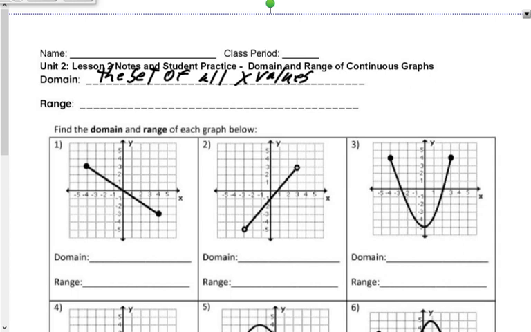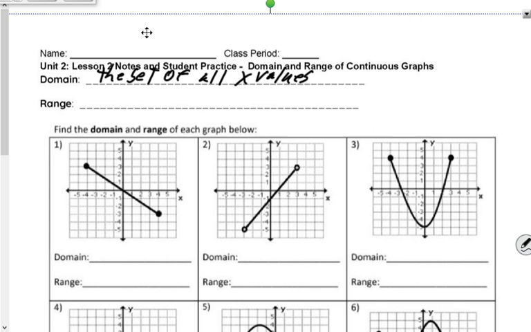So your domain is going to be the set of all x values that are in that function or in that relation, even the tiny little decimals that are in there, every single x value that is somewhere on that function.